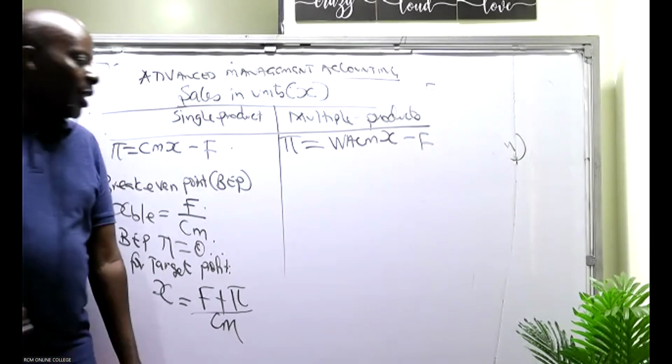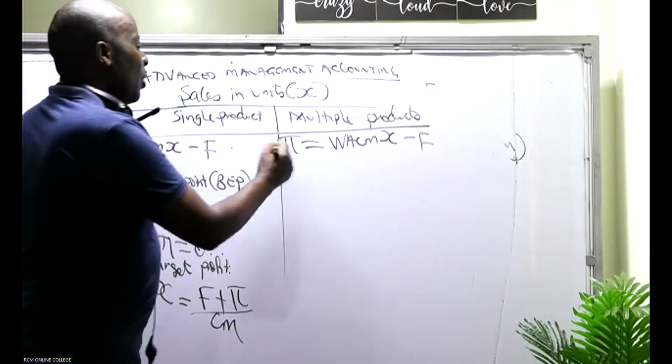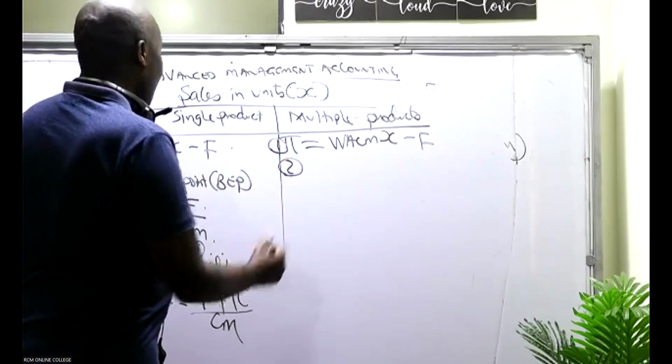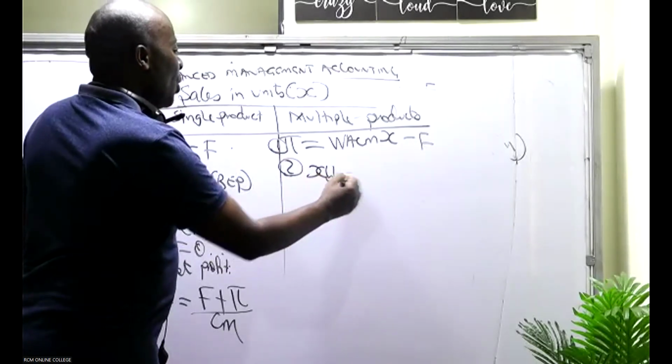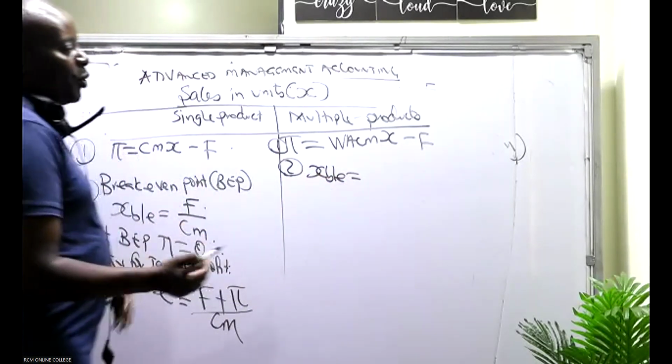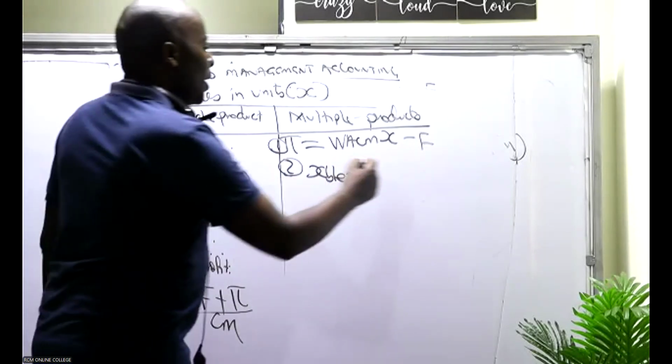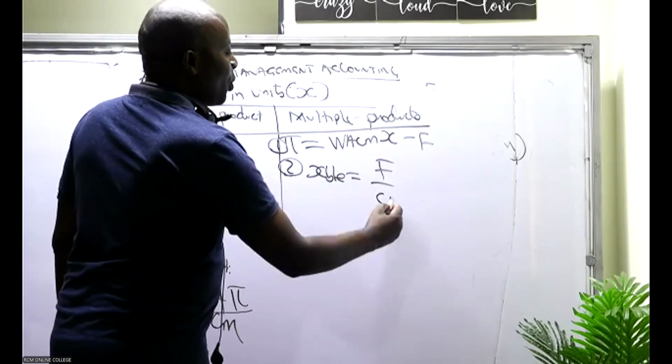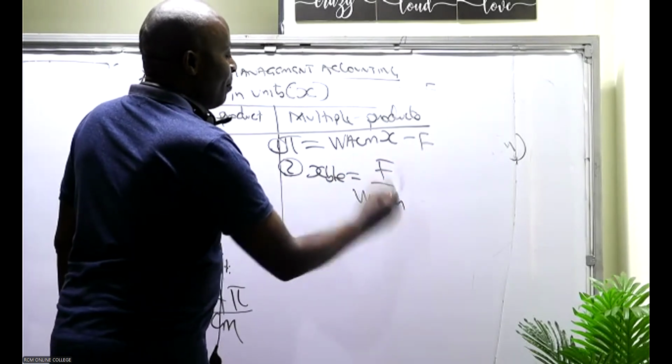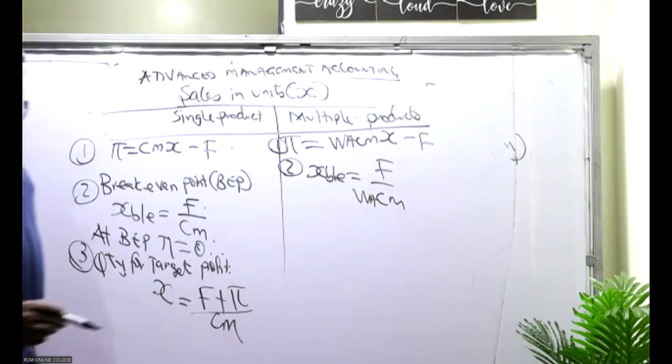That is number one. When I go to number two, when we talk about X break-even when we have multiple products being produced, such as tables and chairs, my X break-even will be F over, instead of just CM, WACM, the weighted average contribution margin.